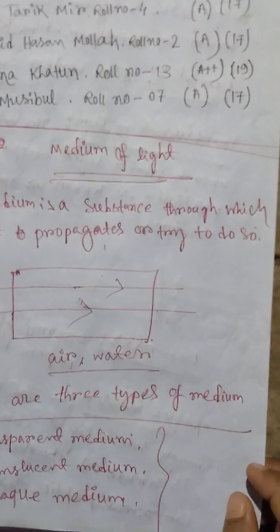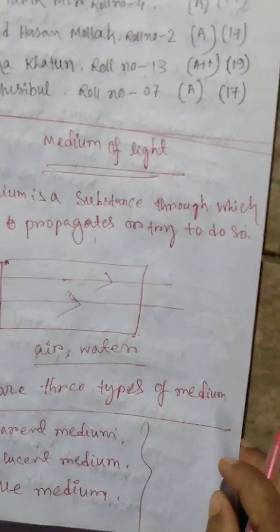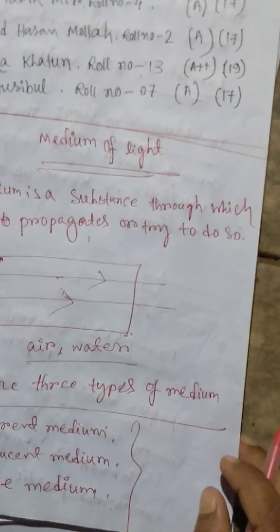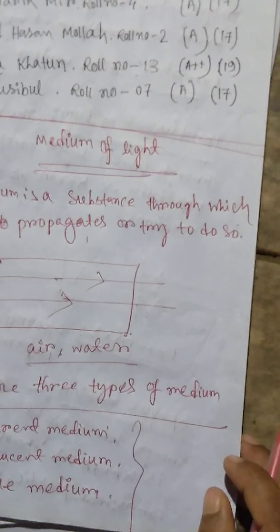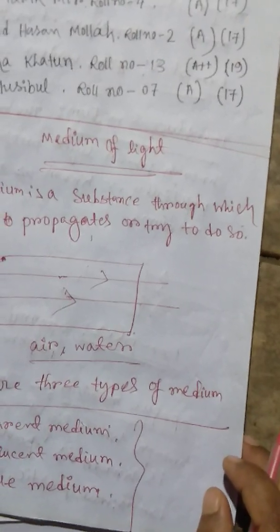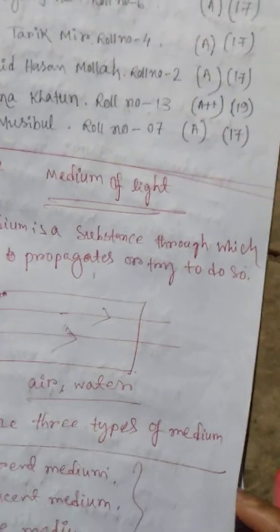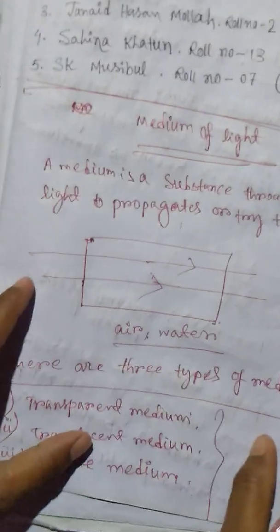This is the starting point of this chapter, and you have to know the basic information about light. This discussion is related to the previous classes. In classes 6 and 8 you also read about light, so these definitions are related to that. Read these definitions very well, and next day I will ask some questions about this topic.